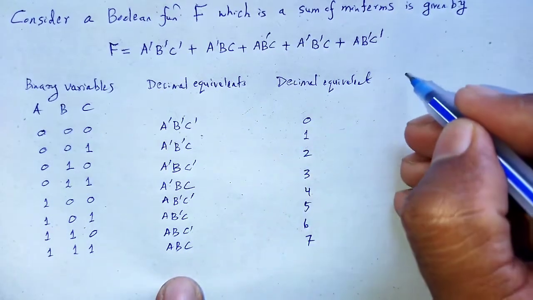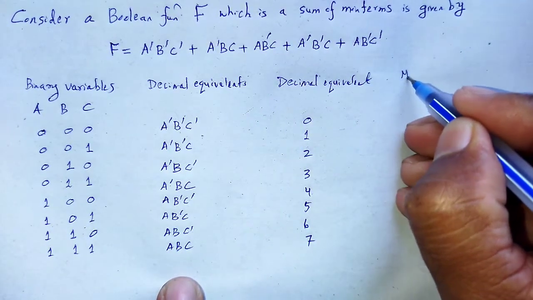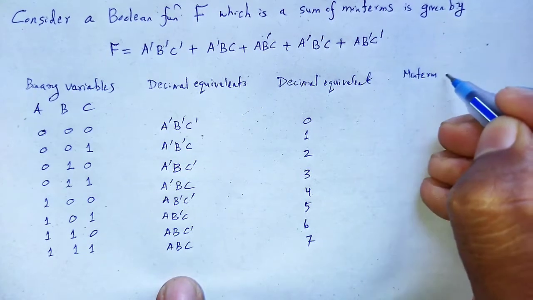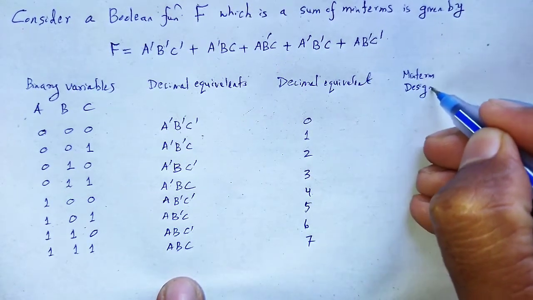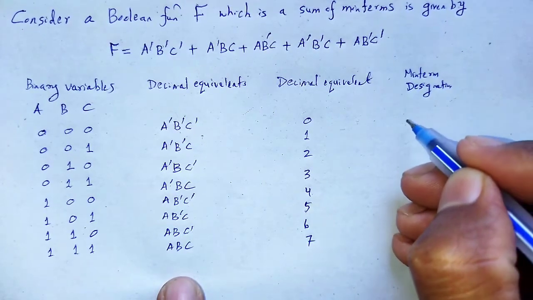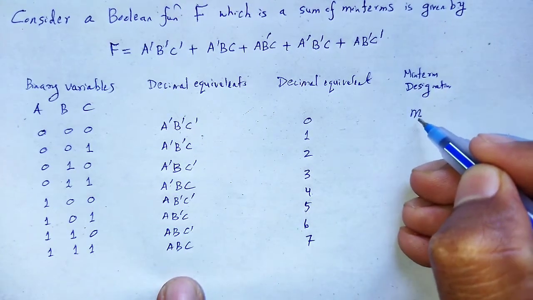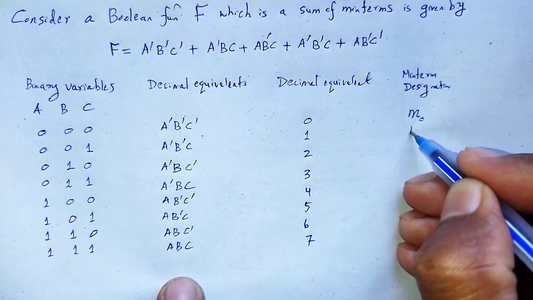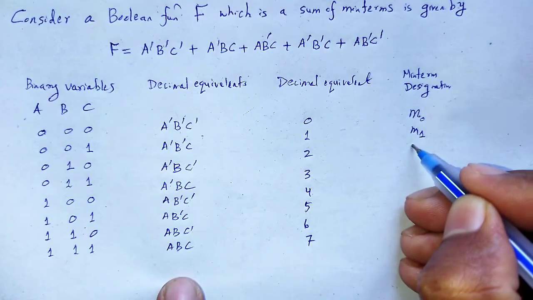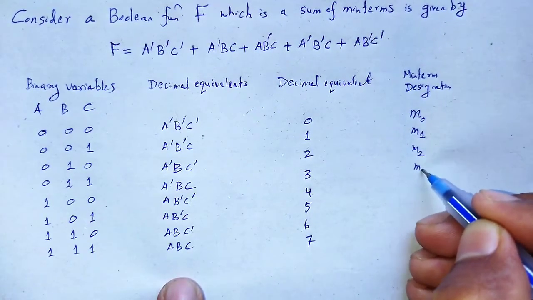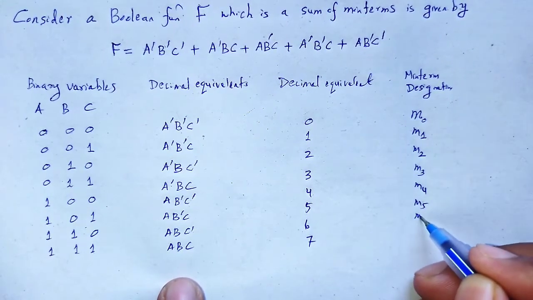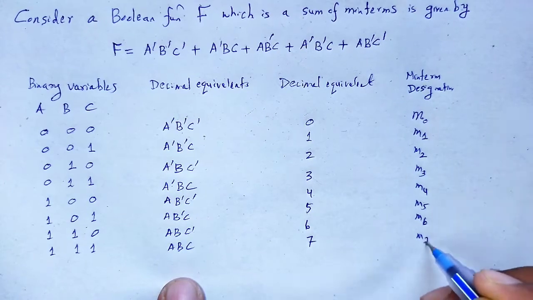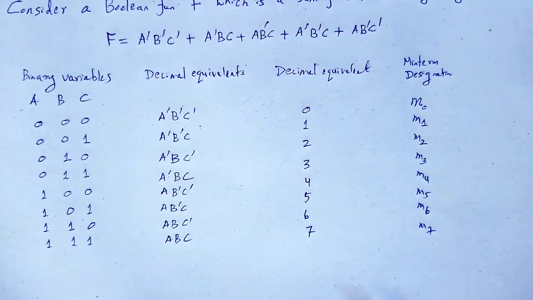In minterm designation we write minterms as small m with subscripts: m0, m1, m2, m3, m4, m5, m6, m7.